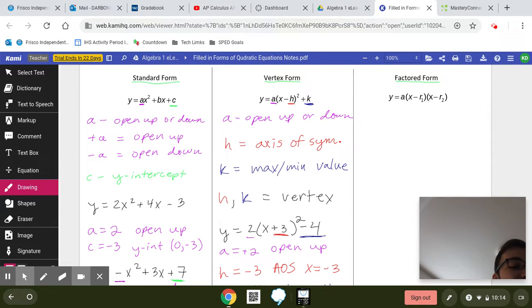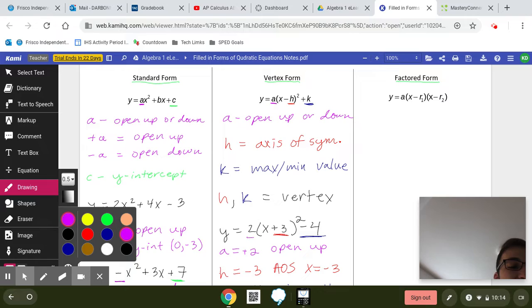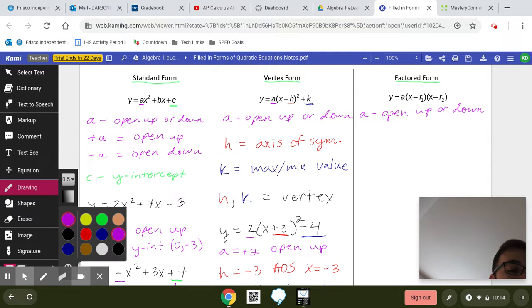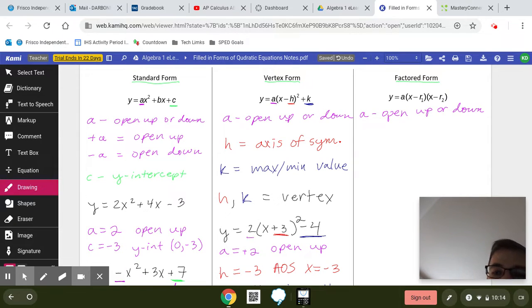So once again, we still have that a value. So we've talked about this before. What does a tell us? A tells us which way it's going to open, up or down. Okay, then r1 stands for root, zero, solution.